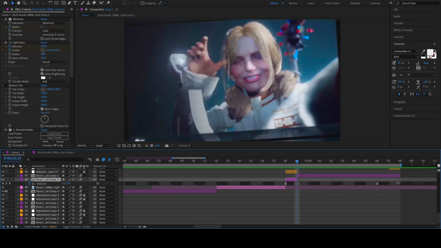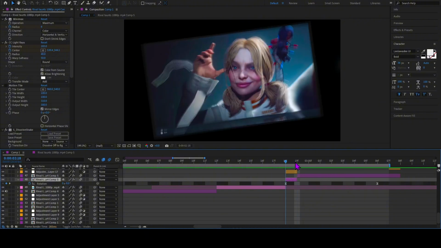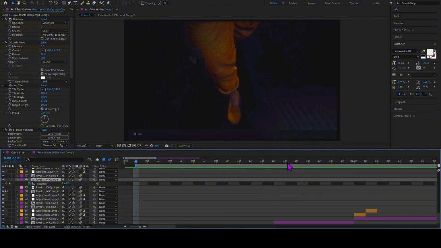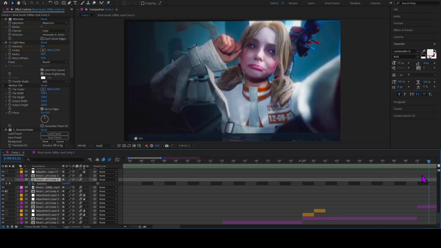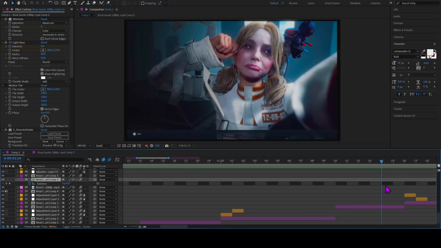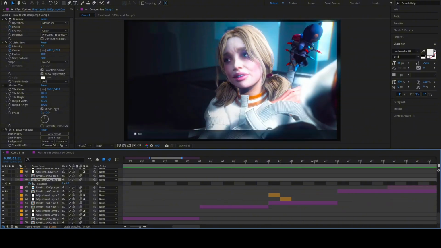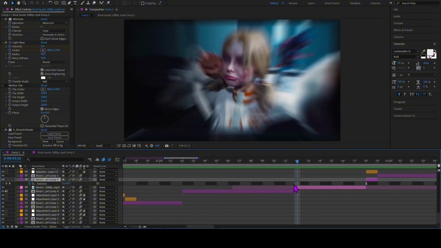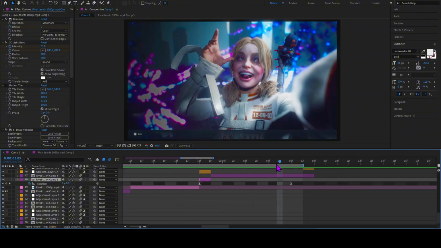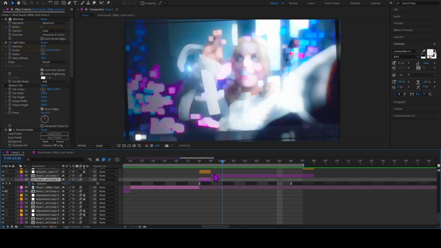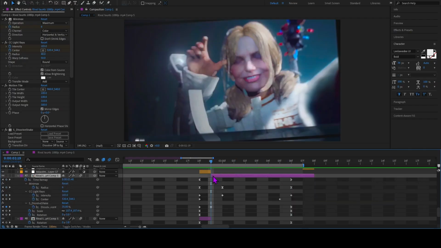So it looks like this. Here. See what I mean? Has like that little bounce, right? See, a little bounce.